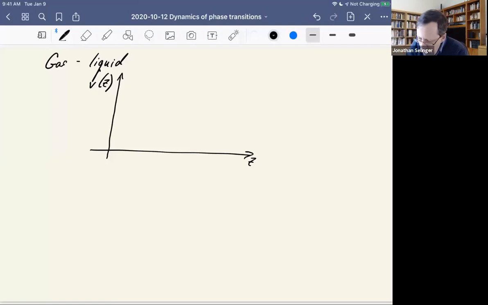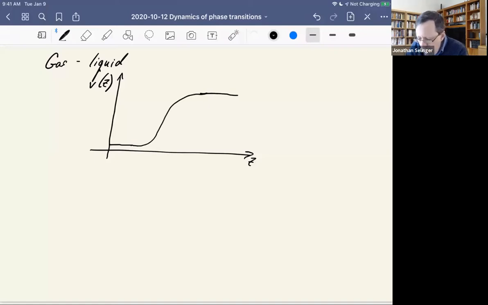And then there would be a volume as a function of z function, which would start off at the low liquid volume and go up to the high gas volume. And it would have some shape, something like this, right?